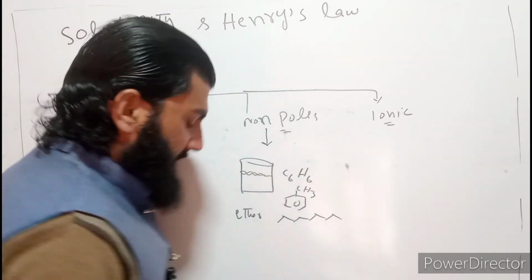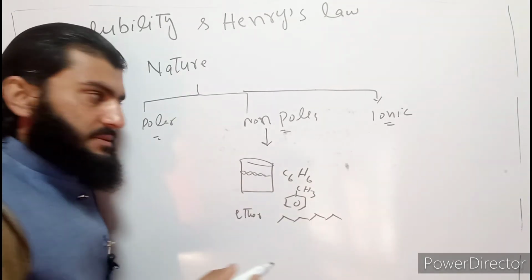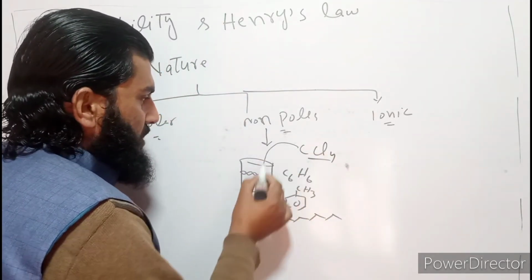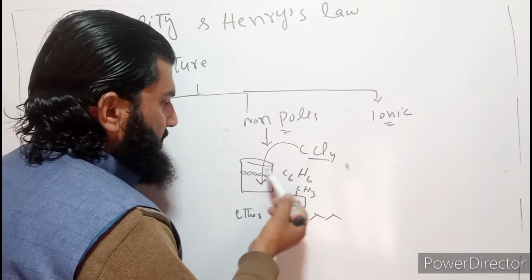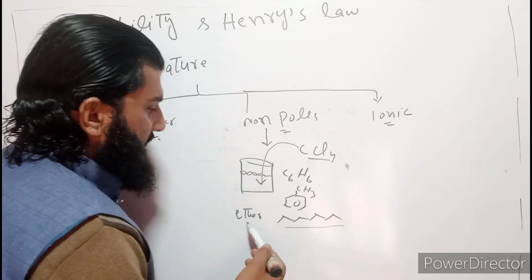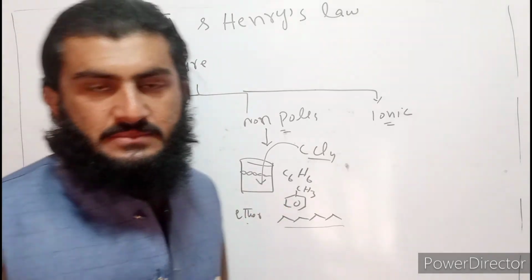For example, CCl4 can be dissolved if benzene, toluene, long chain alkane or ether is present.